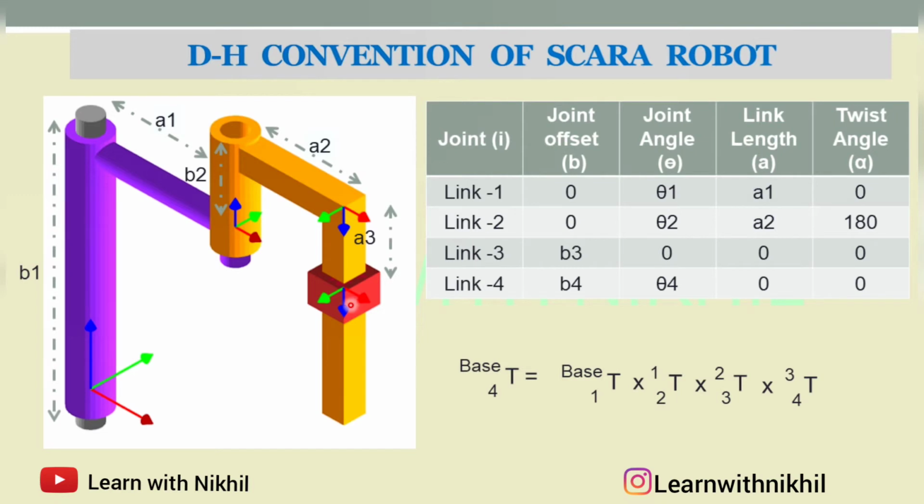This is the base with respect to the end effector. So you are transferring from this end to this end, from here to here. You have to find the transformation matrix of the base with respect to the end effector, that is the 4th joint.